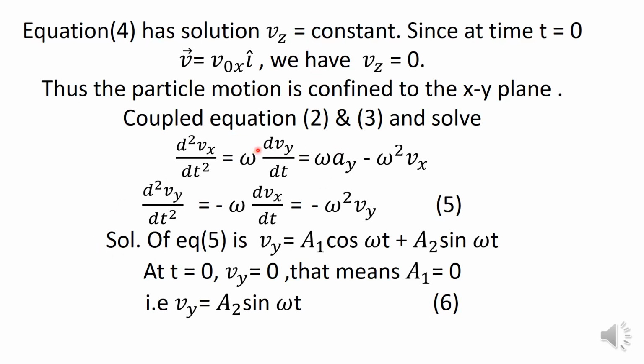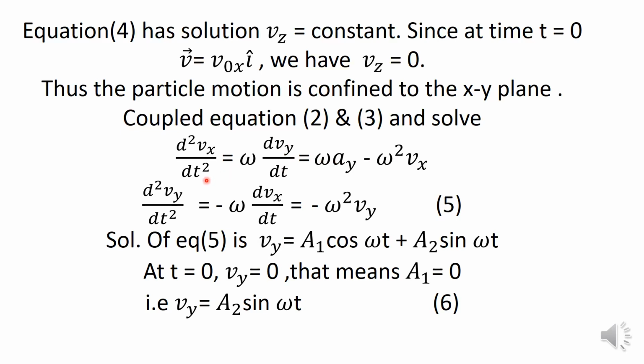Now equations 2 and 3 are coupled equations, and therefore we write them in this way. Differentiate equation 2, that is d2vx/dt2 is equal to omega into dvy/dt. Again dvy/dt is equal to a_y minus omega vx, and we put this value here and find omega into a_y minus omega square vx.